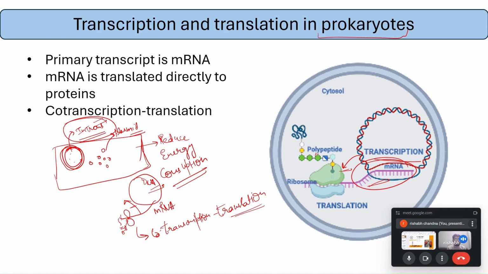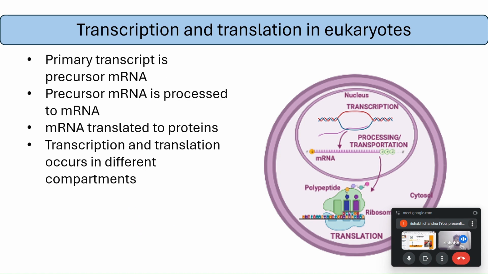Okay, now moving on to how it happens in eukaryotes. In eukaryotes, there is a particular compartment for the nucleus and the other organelles. The nucleus is the region where the genetic material is present in a very supercoiled state, and it is separated from the different organelles by the cytoplasm.